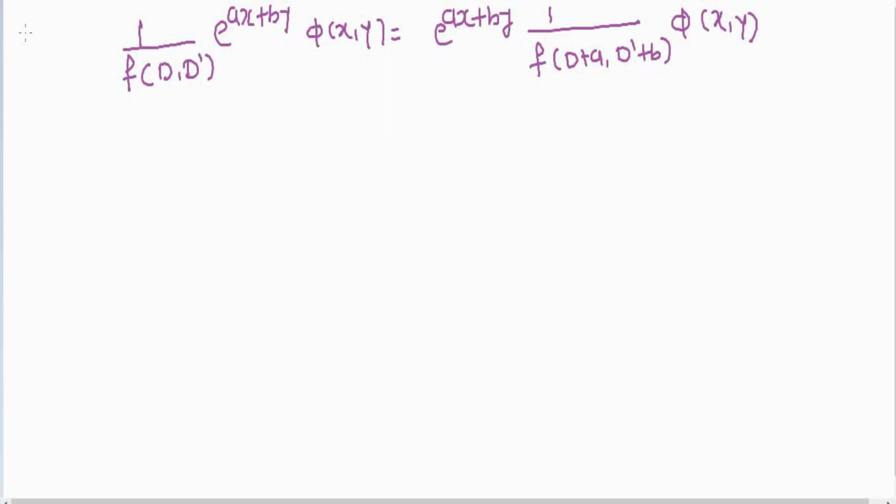In this video, we will discuss an important property of a particular integral. When the particular integral is of the type e raised to ax plus by into phi of x comma y, then we can take this term e raised to ax plus by to the left of the operator 1 divided by f of D comma D dash.